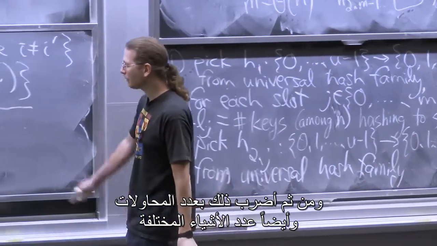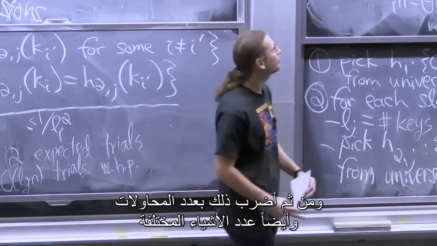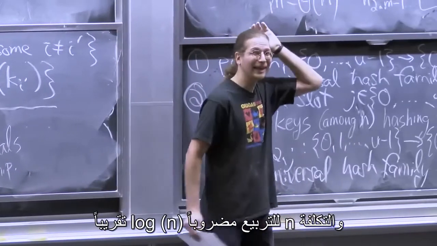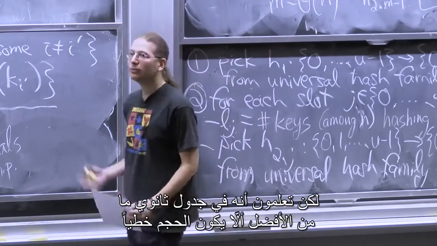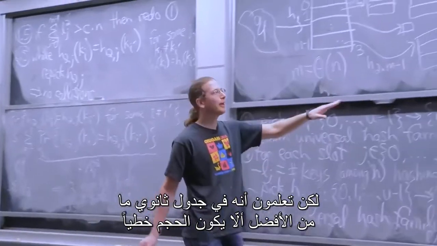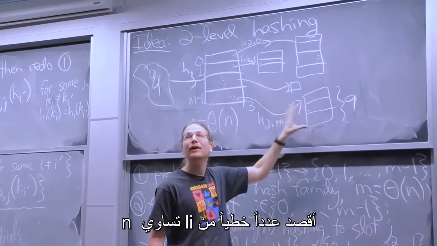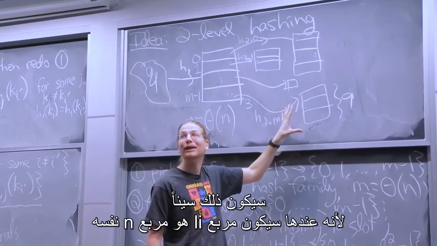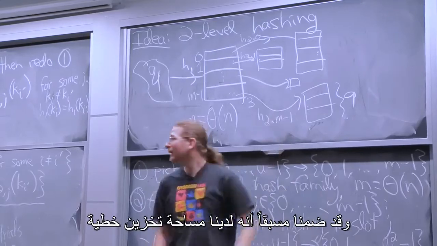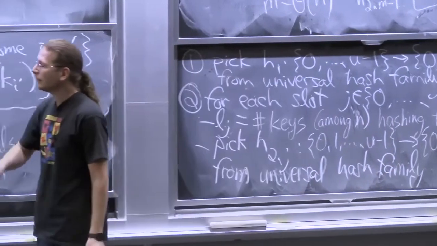And then I multiply that by the number of trials and also the number of different things. That would be like n squared log n. But a secondary table better not have linear size, I mean, a linear number of Li equal to n. That would be bad because then Li squared is n squared, and we guaranteed that we had linear space.